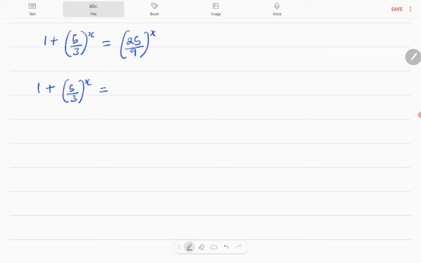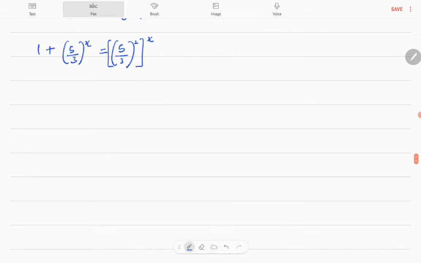Of course, 25 is a perfect square, and also 9 is a perfect square. So we can have it as 5 divided by 3 squared, and then we'll have our x.